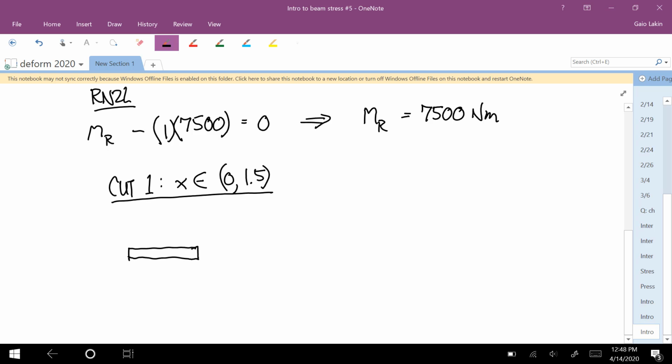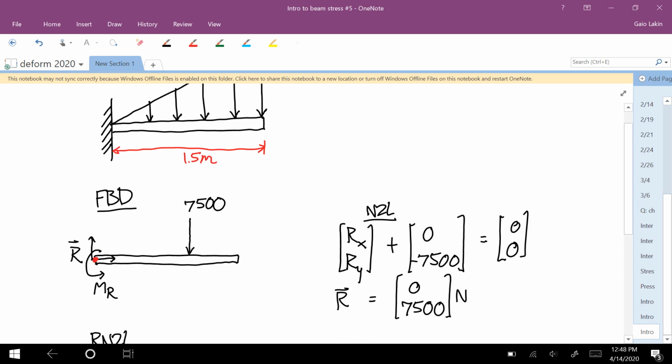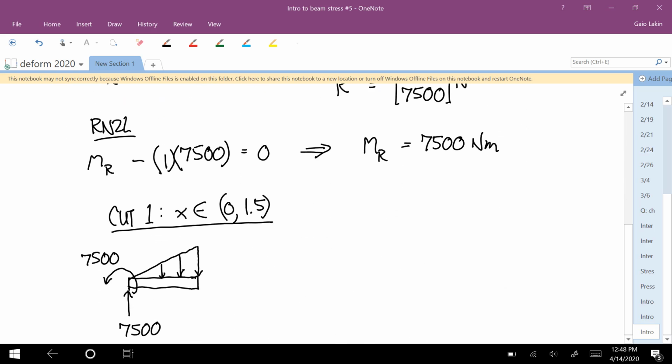Okay, so there's our cut. We have the upward force of 7,500. We have the couple of 7,500 Newton meters. And we have this distributed load that now doesn't get up all the way to a value of 10,000 newtons per meter.